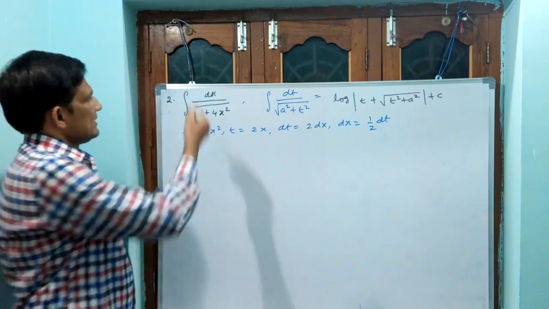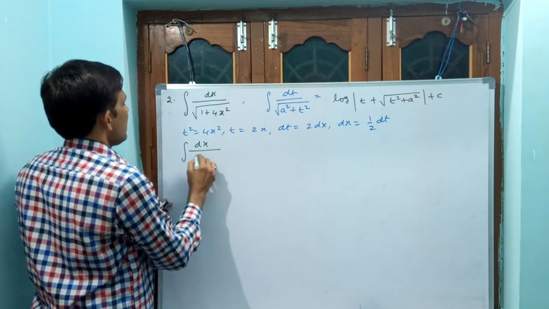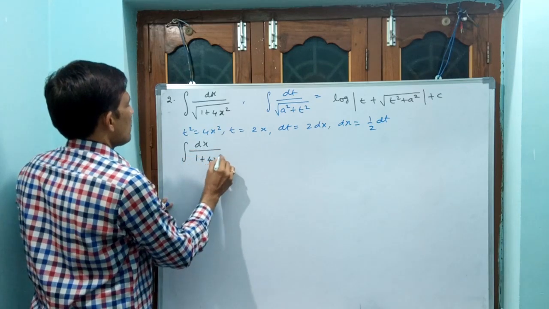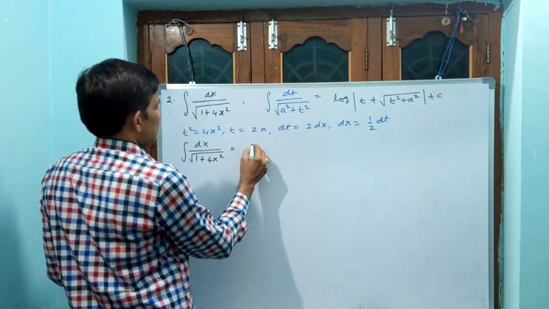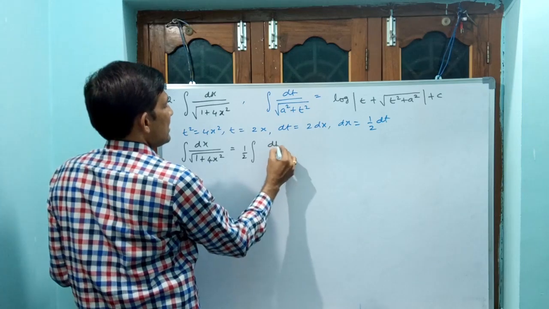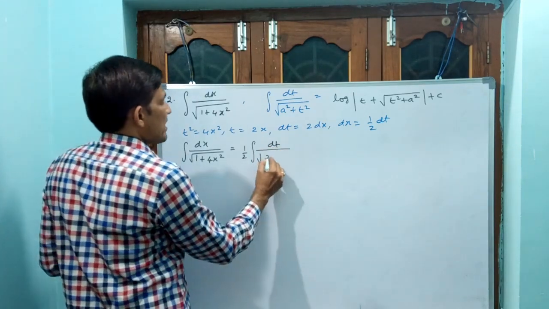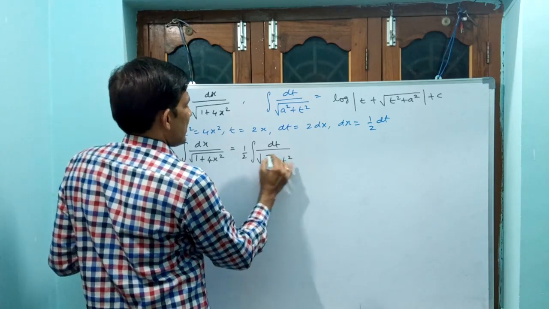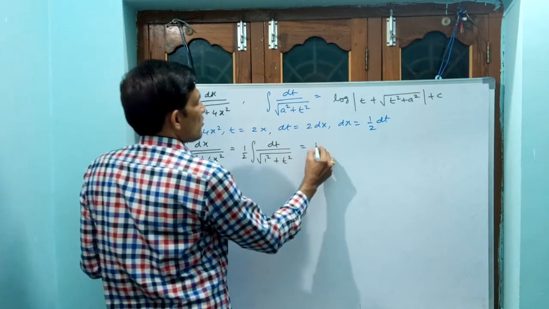Now go back and rewrite this question. dx divided by square root of 1 plus 4x square can also be written as integral 1 by 2 dt by square root of 1 square plus t square. 1 by 2 we keep outside.